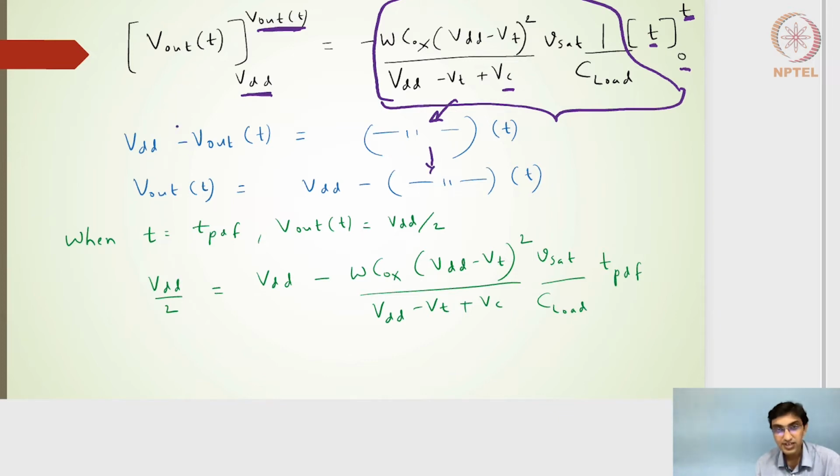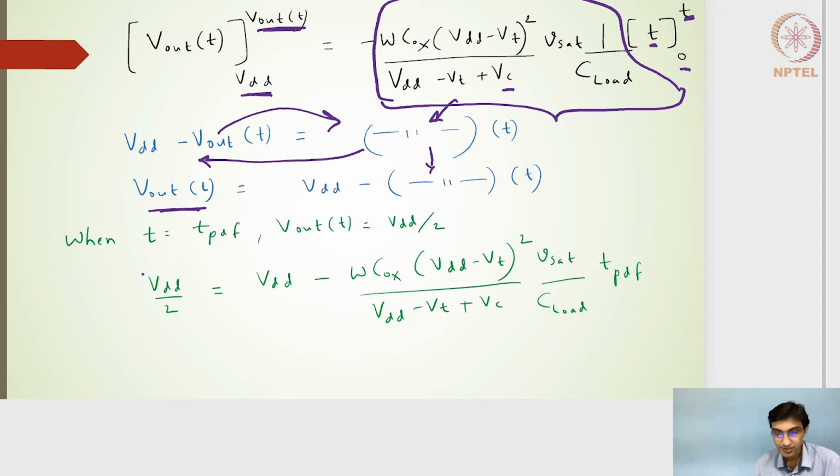So on the left hand side, it is nothing but V out minus VDD, but there is a minus sign which is gone here and makes it VDD minus V out. So finally we have a V out here, which comes to the right hand side, and then this one will go to the left hand side, and we'll get V out of t is equal to VDD minus this whole expression of W C oxide, (VDD minus VT) the whole square, velocity saturation, and all those things.